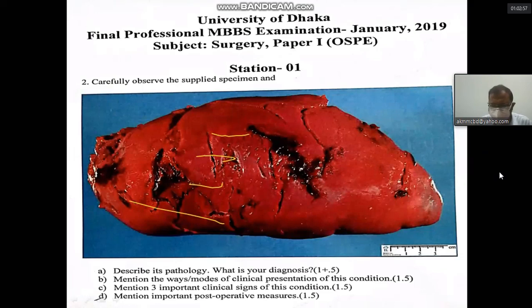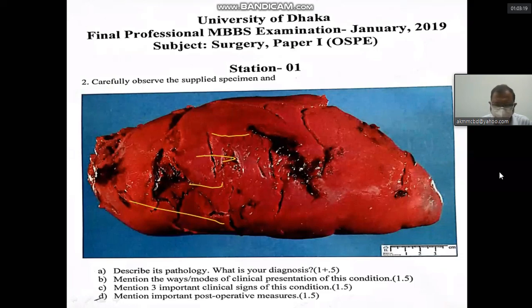There will be distension. Patient may be in hemorrhagic shock. And there will be a history of road traffic accident or traumatic injury to the left lower chest. These are the clinical presentation of this case.